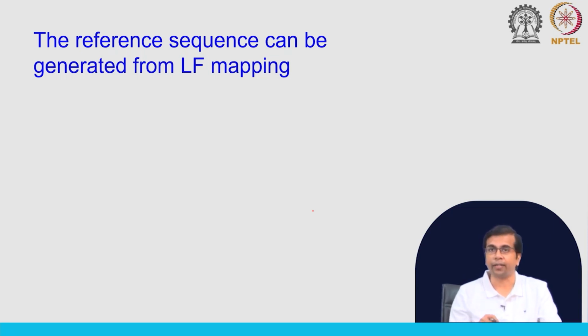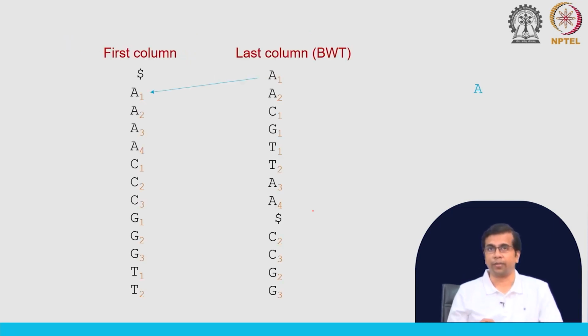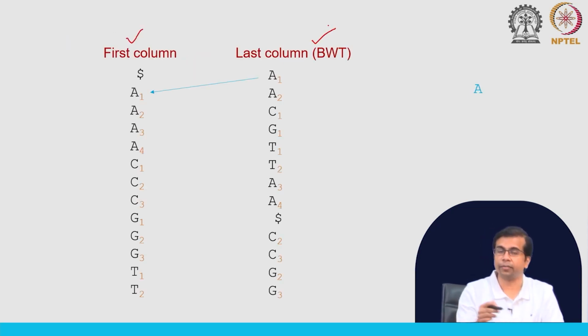I will illustrate that in a moment. So, here is the first column, and we have the last column, which is the BWT. And remember, we can generate the first column from BWT.